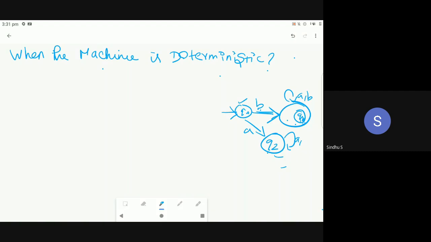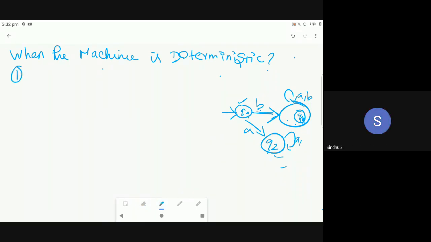It means that, see, listen to this. Q naught with respect to the input symbol B is moving to one transition, and with respect to A, it is moving to another transition. So at most one transition is there for every input symbol. Am I right or not? Yes, ma'am. So that's why it is called deterministic.